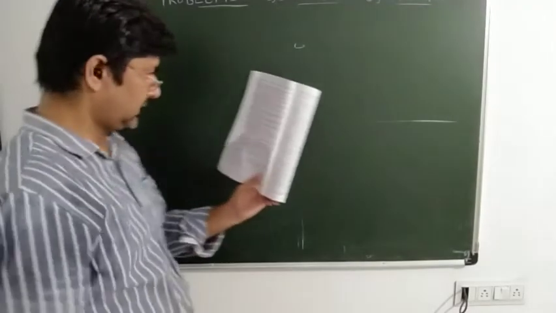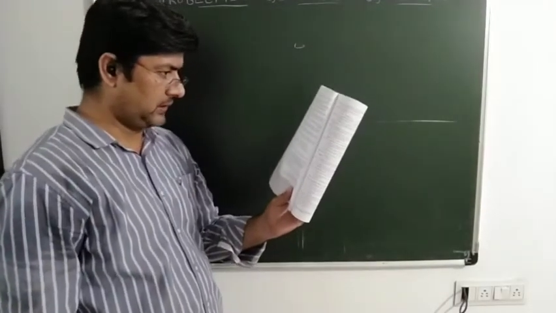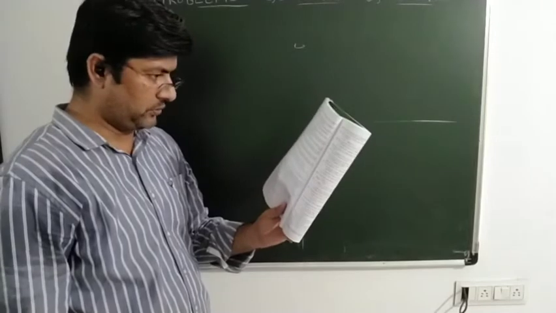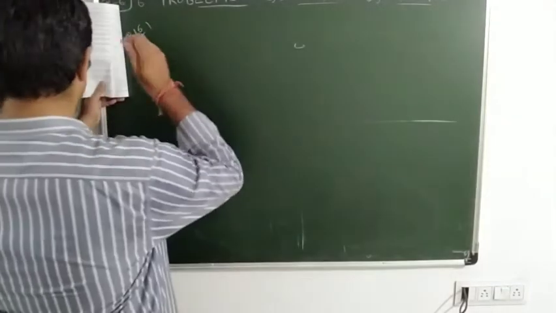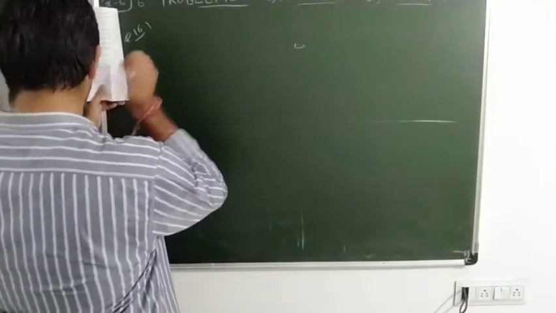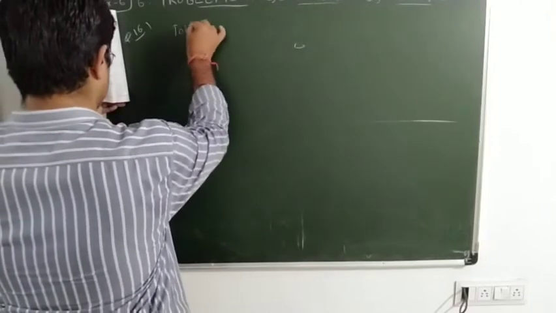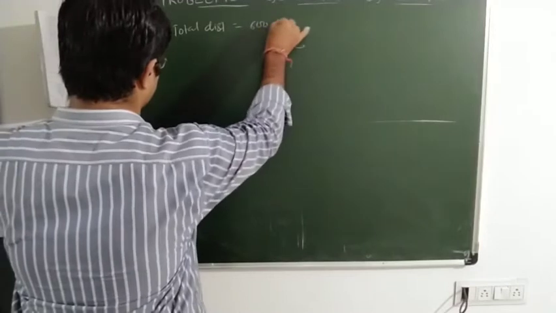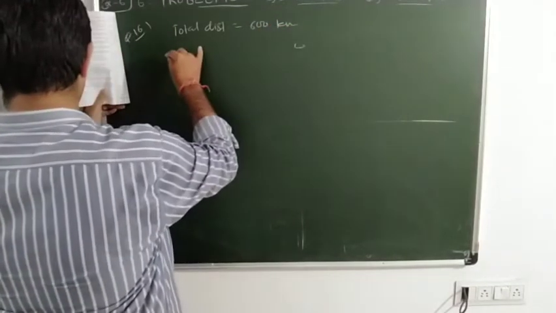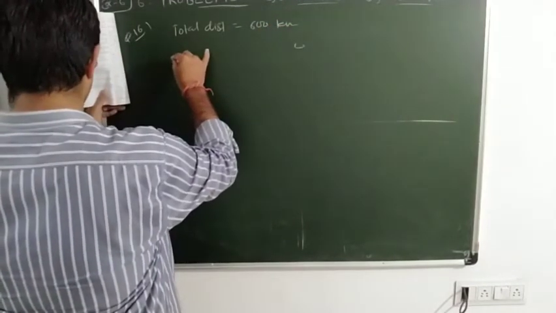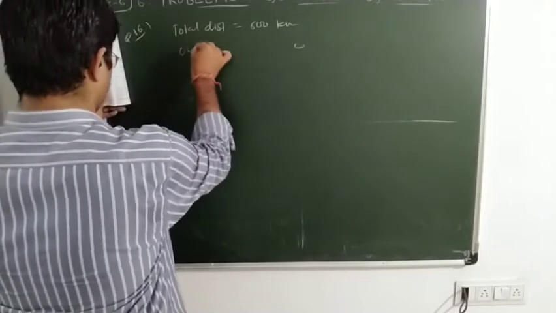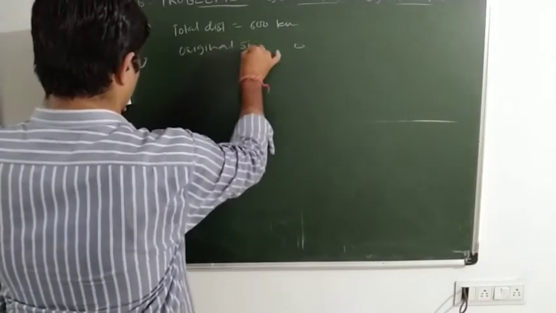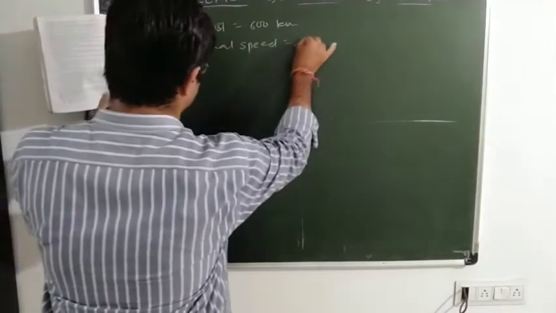A train covers a distance of 600 km at x km per hour. Total distance to be covered is 600 km. Okay, original speed is given.